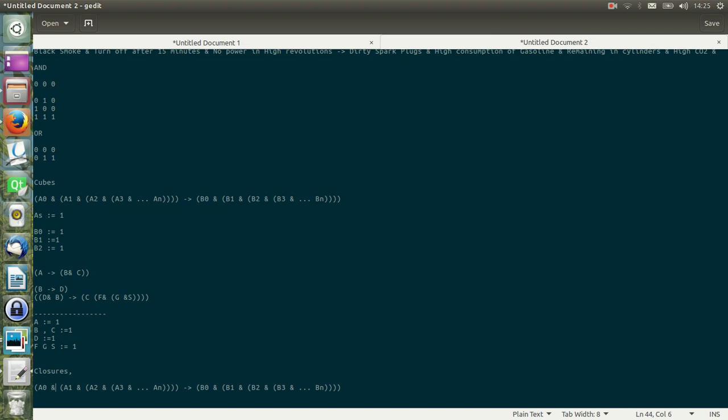It is pretty much the same, but instead of a conjunction operation in the antecedent, we have disjunctions. This is the formal description of a closure. Pay attention that the antecedents use the OR operation.